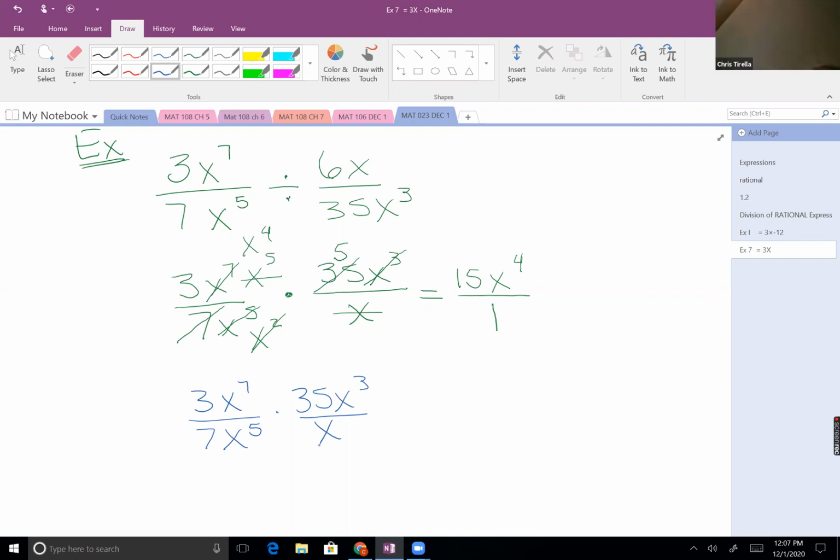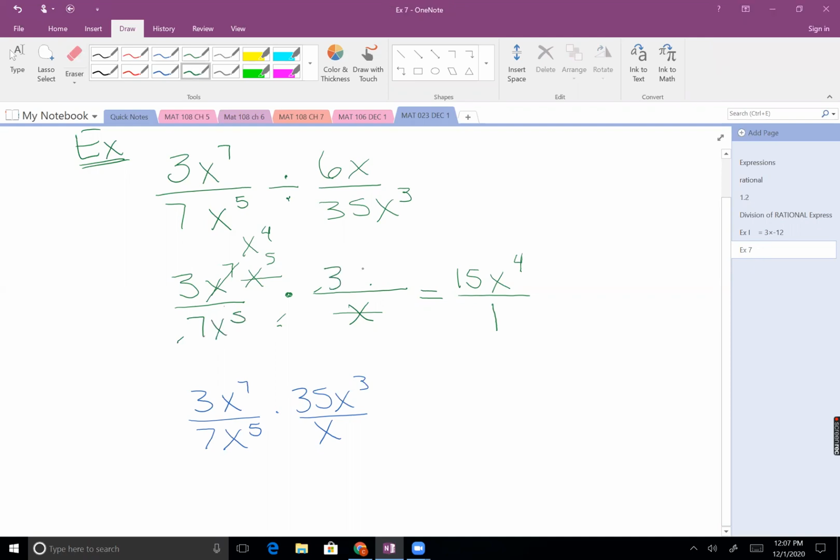And I'm impressed that you saw it that way. I like it. And then would that leave me with x squared in the bottom? It would leave you with 5 here and x squared here, and that's beautiful.